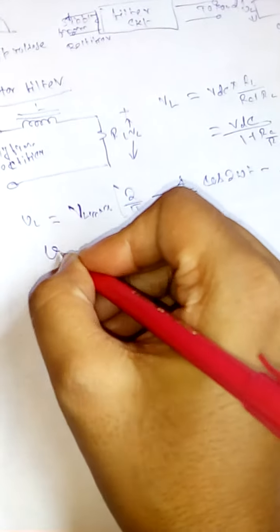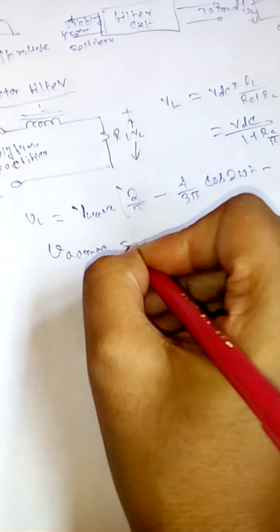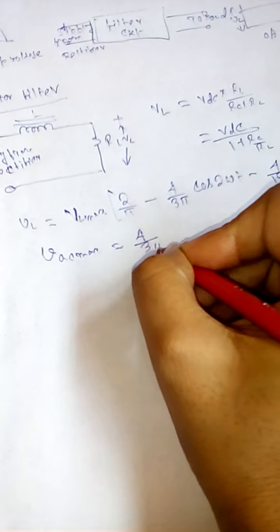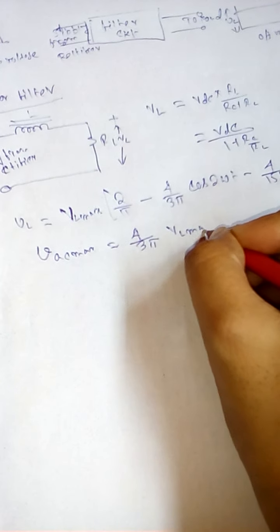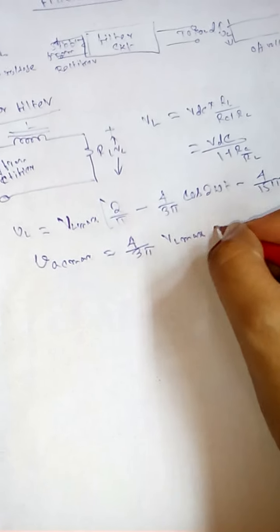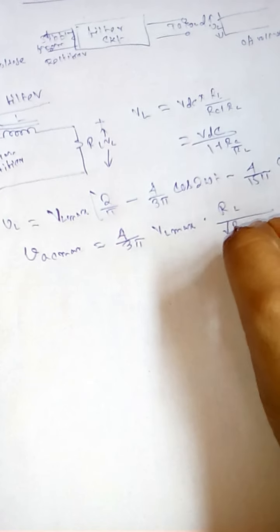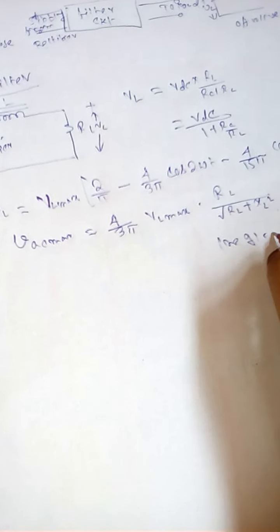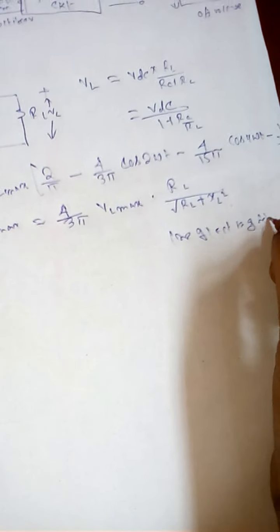So the effect of the third and fourth harmonic can be neglected for simplification. Neglecting the higher components, we get VAC max equal to 4 by 3 pi VL max into RL by root over RL square plus XL square.